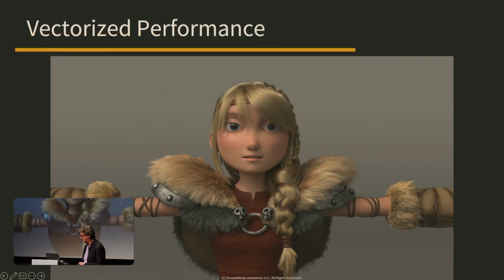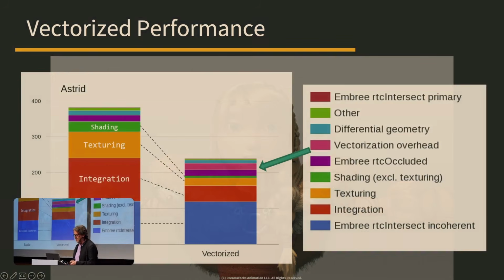Let's look at some results. Here's Astrid from How to Train Your Dragon in a test T-pose. There's a lot of fur and hair in this scene, and the biggest block of time at the bottom in blue, the incoherent rays, is spent inside of Embree, Intel's open source intersection library that we developed in conjunction with and for MoonRay.